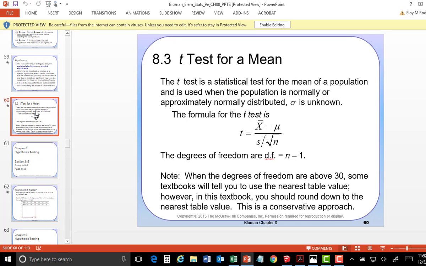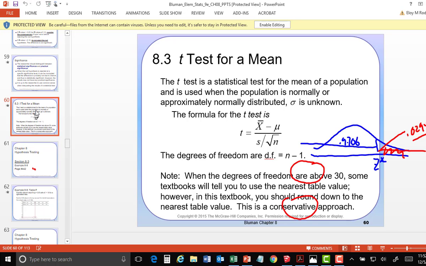Okay, now, when we use the t-distribution, we're going to use this as our test statistic. Okay? Somebody say yeah. Okay, that's our test statistic. Just like everything we did before, except we're using the t-table distribution, and everything else is the same. So let's do it real quick here.